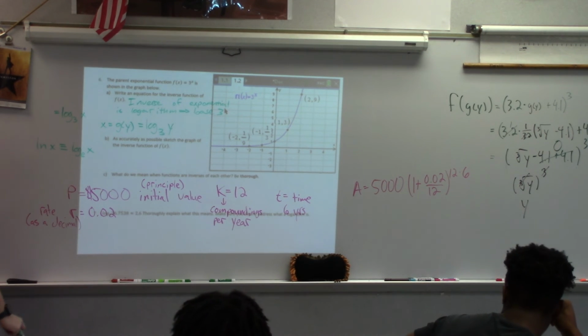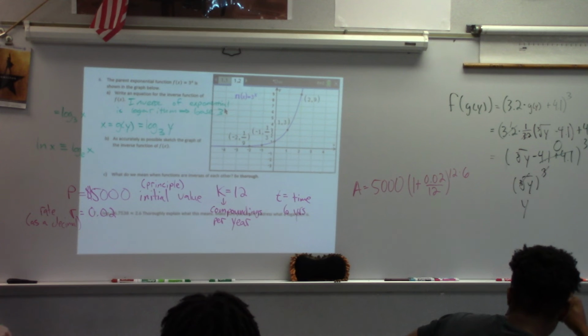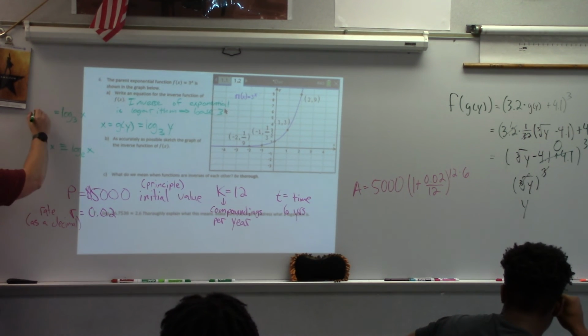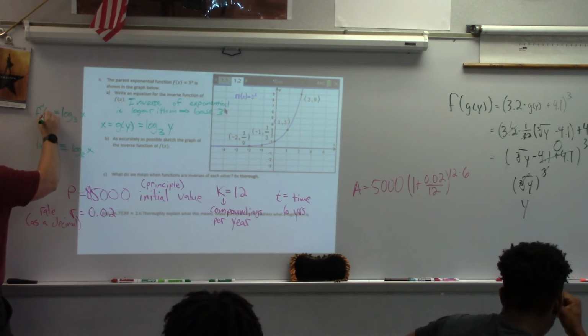What does this need to equal? What was the notation for an inverse function?